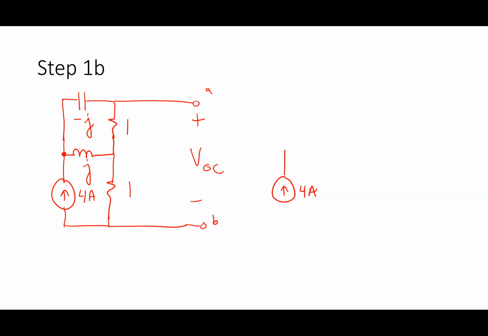He shoots his current up into this and into the other branch. So I can look at it like this. For me, I see that I have negative J and the 1 ohm in series with each other. And then I have the J in parallel with those two. And then that combination goes into a 1 ohm resistor.